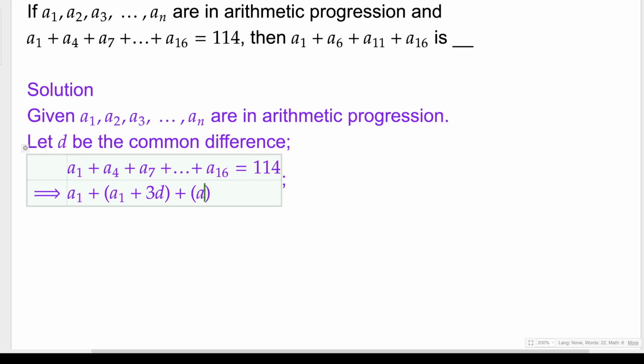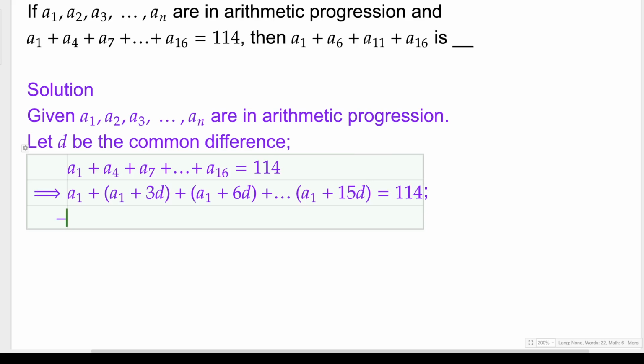So a7 is the first term a1 plus 7 minus 1, that is 6 times d, and this goes on all the way up to first term plus 16 minus 1, that is 15 times d, and that is equal to 114.